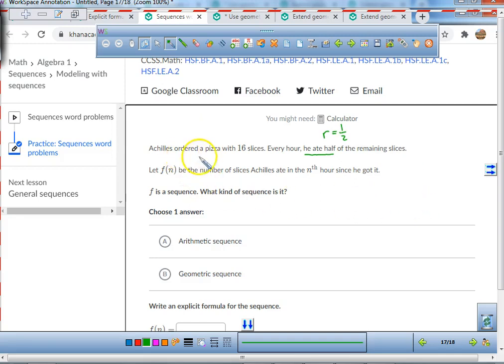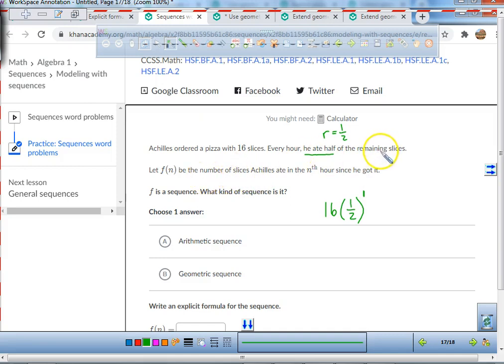So he ordered a pizza with 16 slices. So he had 16 slices. Now, I'm going to put right here, after the first hour, remaining slices, he ate, nth hour since he got it. So listen, when it was 0 hours after he got it, he had a total of what? 16.